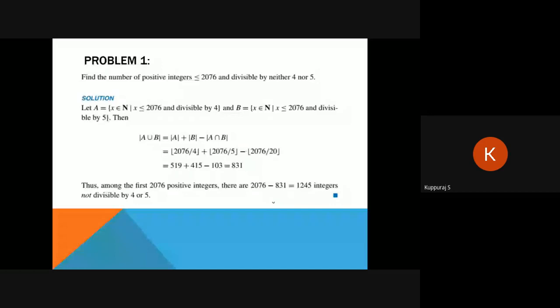Okay, so just apply the formula for A union B, that is modulus of A plus modulus of B minus modulus of A intersection B. So modulus of A is nothing but the number of positive integers less than or equal to 2076 and divisible by 4. The formula is floor function of 2076 by 4.